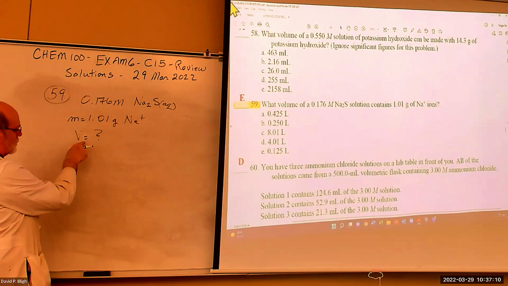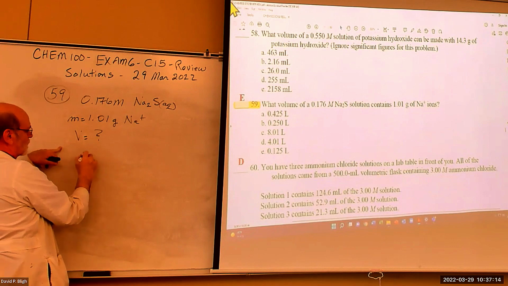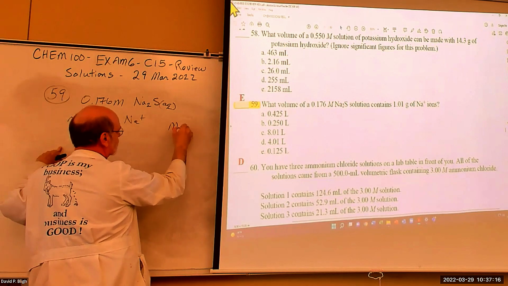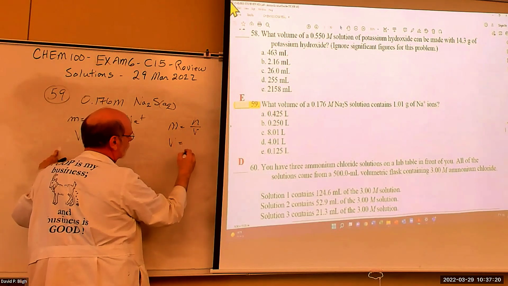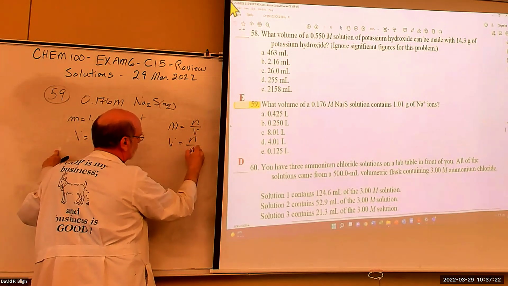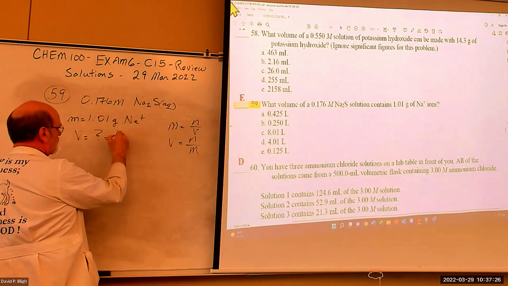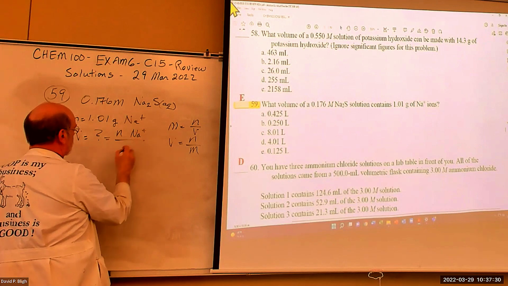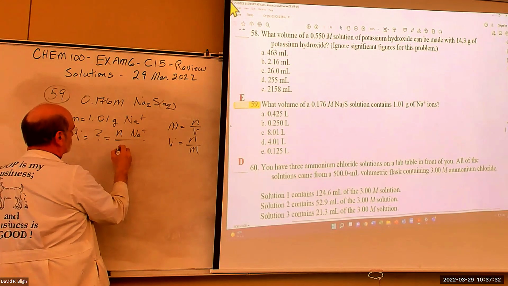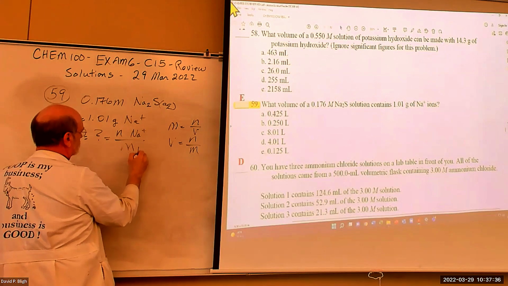So if we look at volume in relation to molarity, we know that molarity equals moles divided by volume. So volume is going to be moles divided by molarity. This is going to be moles of sodium ions divided by molarity of sodium.